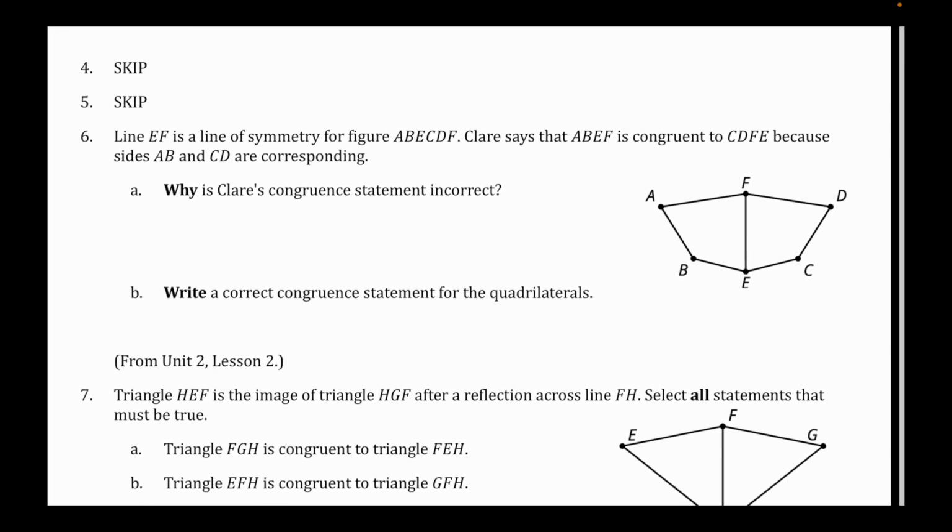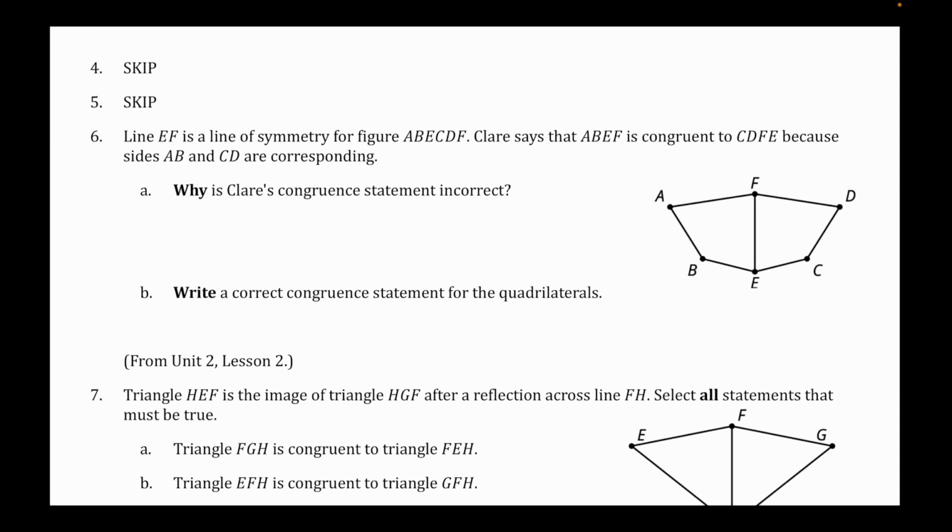So question 6, it says line EF is a line of symmetry for this figure. I'm going to show you that right here. It's this line right here. EF is a line of symmetry, which means it's reflected across. So Claire says that ABEF is congruent to CDFE because sides AB and CD are corresponding.